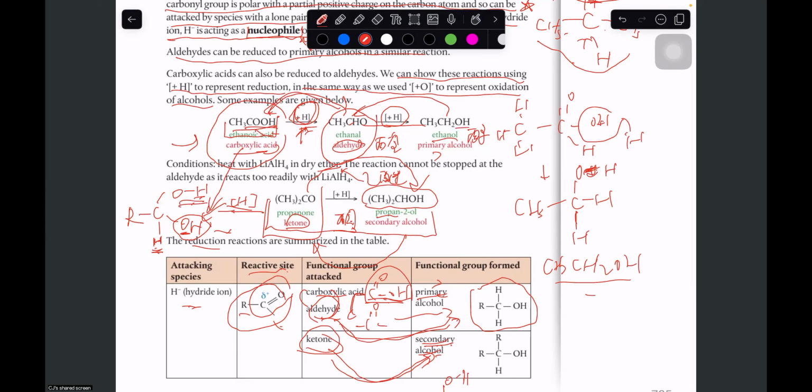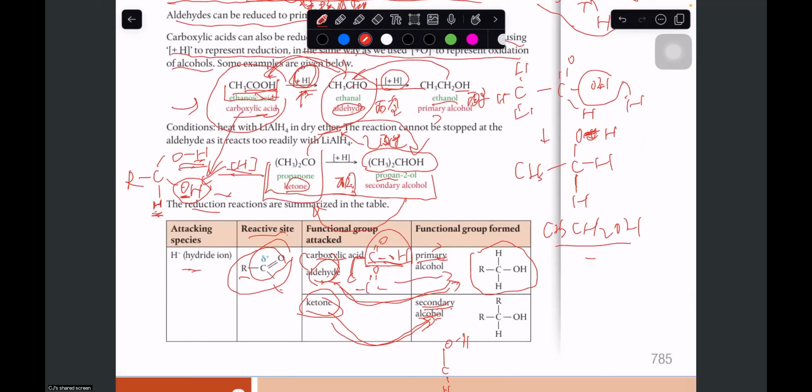And another electron will attract another hydrogen.